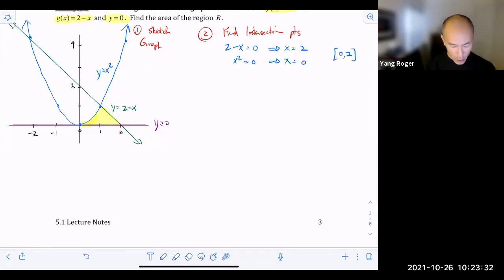But because the role of my top function changes at some point in the middle, I need to figure out what that point is. And the way I find that is I set the other two equations equal to each other. So I'm going to have x squared equal to 2 minus x. And this will help me find out what this x value is.